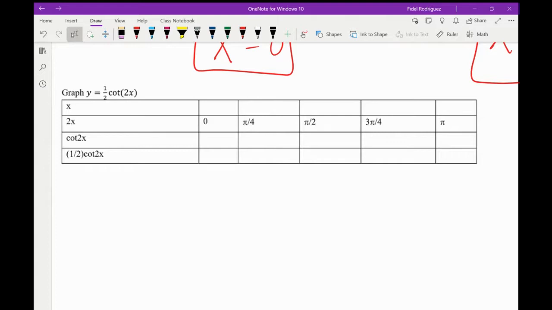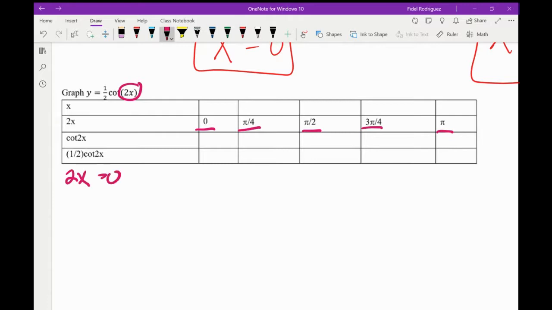Notice what we're doing. We're going to take these values here, and we're setting them equal to 0, pi/4, pi/2, 3 pi/4, and pi. So let's go ahead and do that so we can find those original x values.